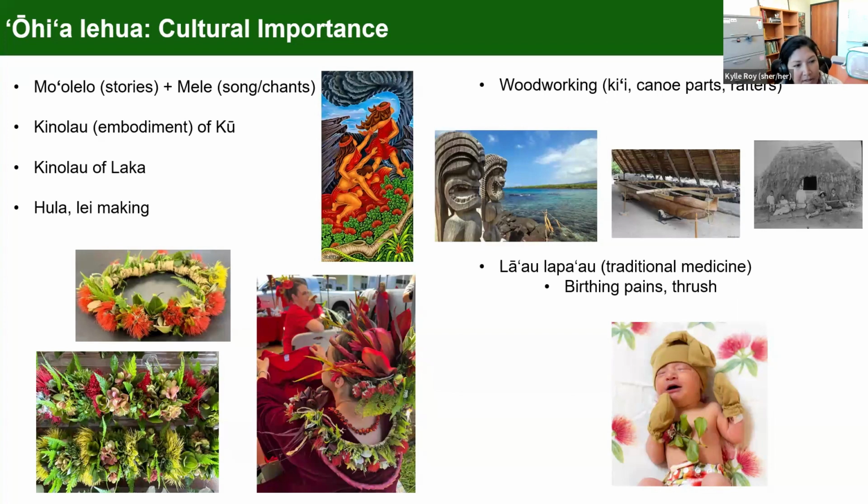The use of the flowers and the liko in hula and lei making is so prominent. The different parts of the wood are used for hale and canoe and ki'i, specifically ki'i or images of Ku as well. And they're also used in traditional Hawaiian medicine or la'au lapa'au.